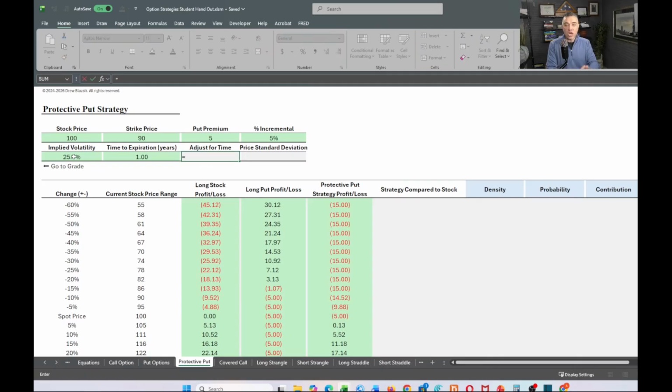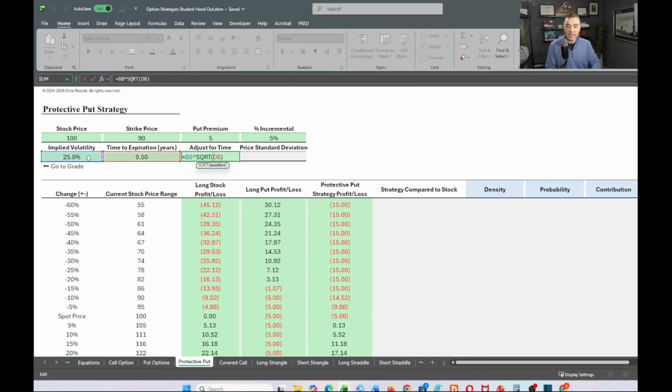Now we need to adjust the volatility, multiplied times the square root of our years. And why does that work? If we do a half a year, that would show the volatility is really only 17.77.